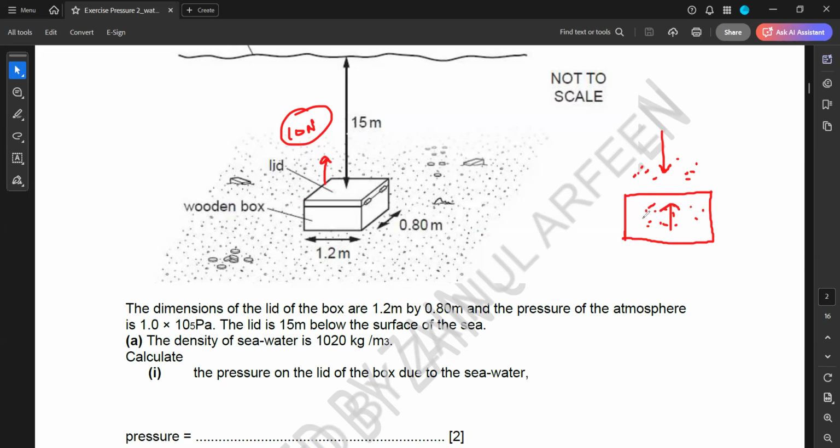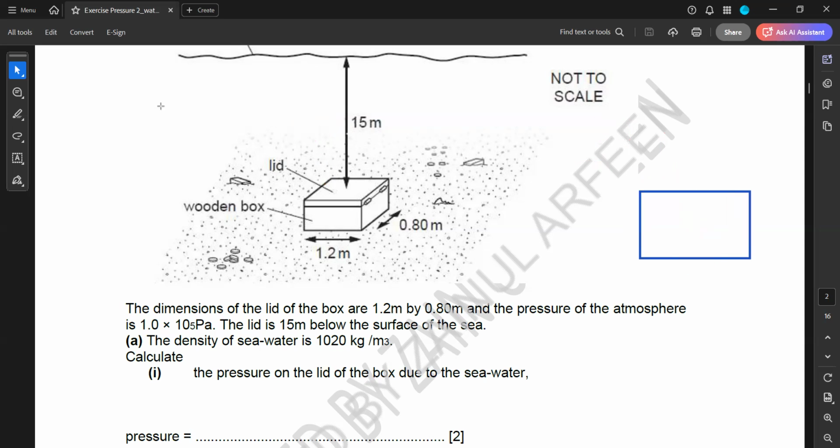But what if the box contains some water as well? If this force is, let's say, 20 Newton and this force is 5 Newton, how much minimum force do we need to open? At least we need 15 Newton. But what we consider right now is a box which is not having any water inside when we are calculating that.